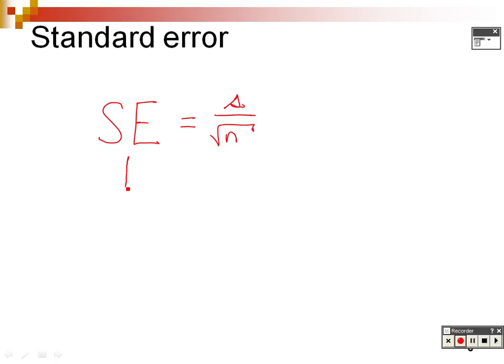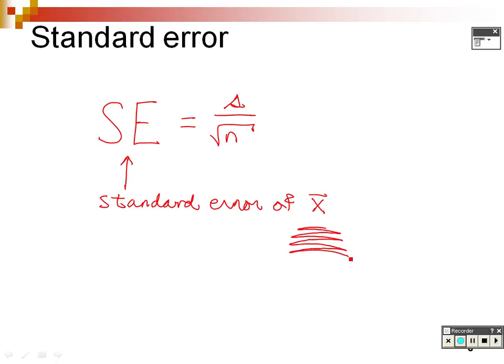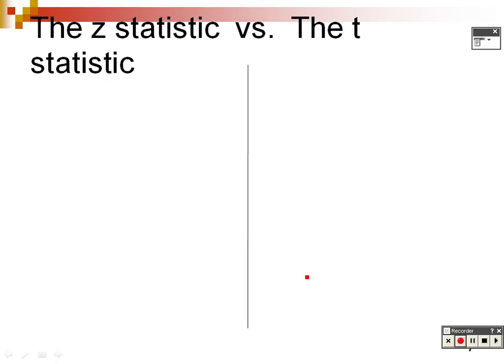And the standard error is referred to as the standard error of x bar. In effect, it's the standard deviation of our x bar. We call it standard error because it's error. It's how much you are missing the actual mean by when you find an x bar. You'll see how that's used right now.